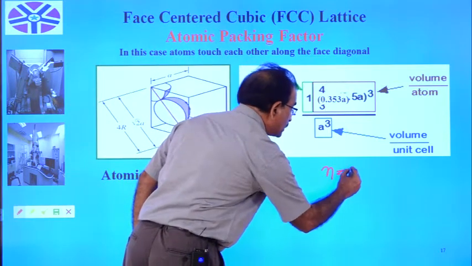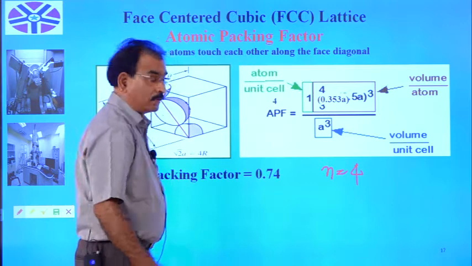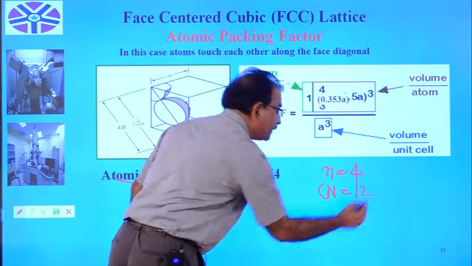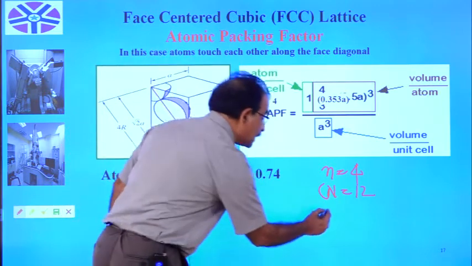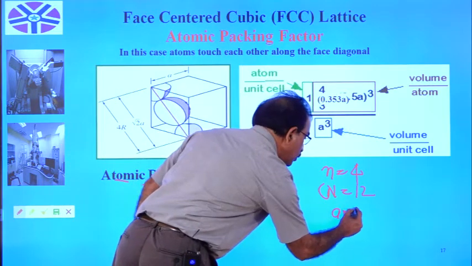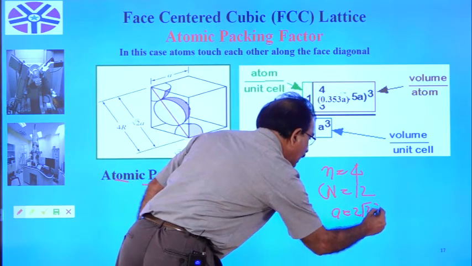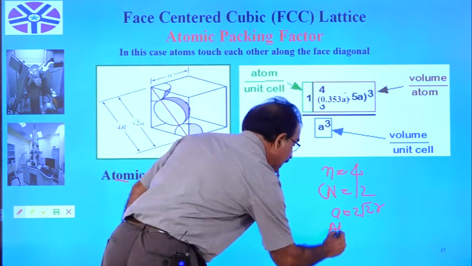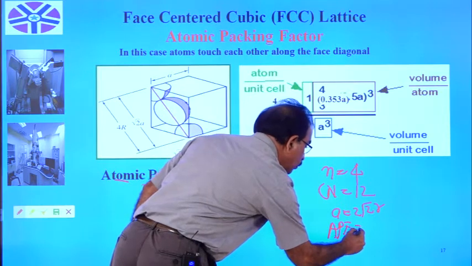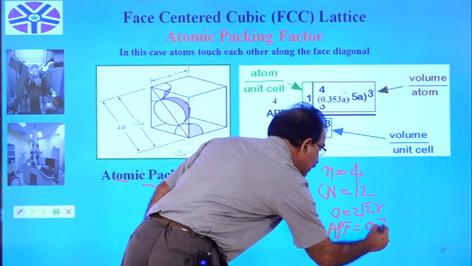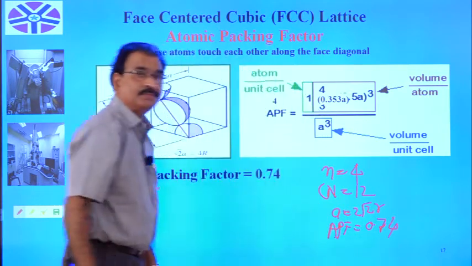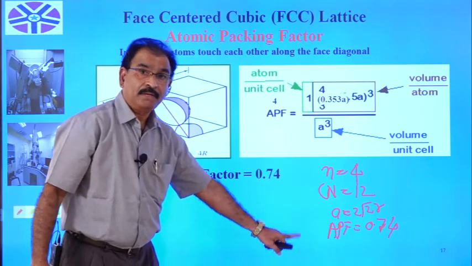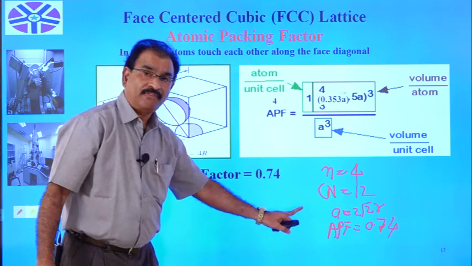Effective number of points is 4, coordination number is equal to 12, A and R relation, A is equal to 2 root 2 R, and atomic packing factor is equal to 0.74. So, these are the features of face center cube.